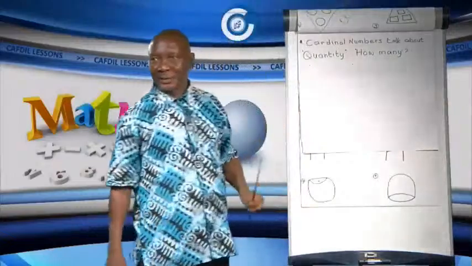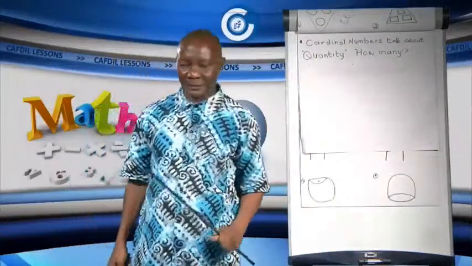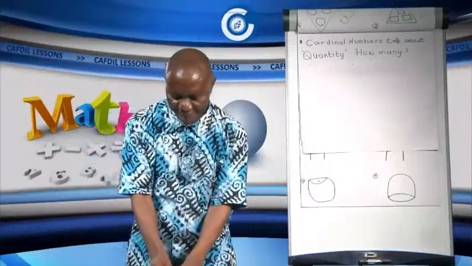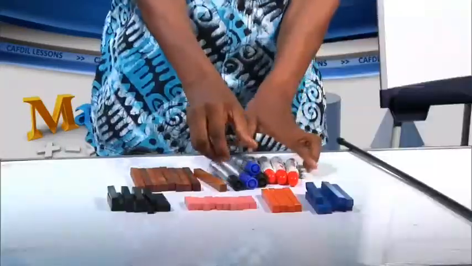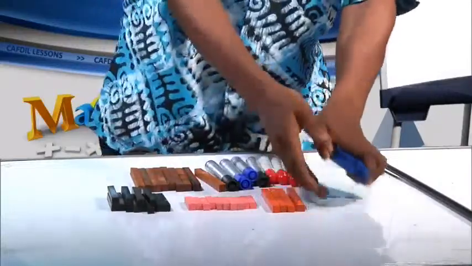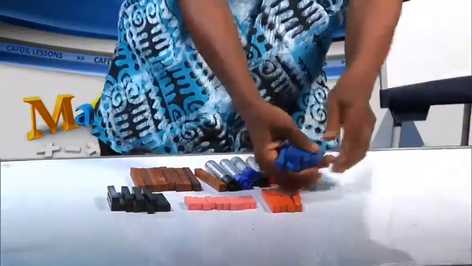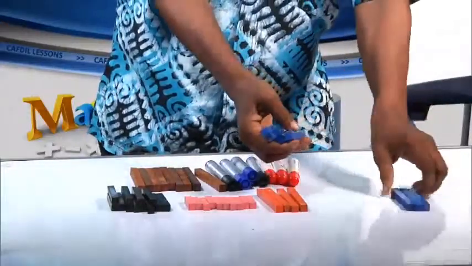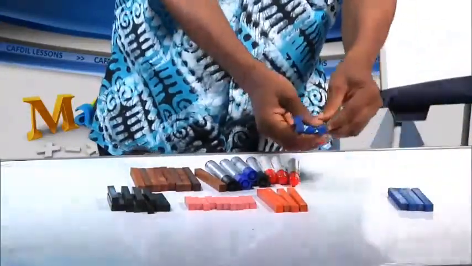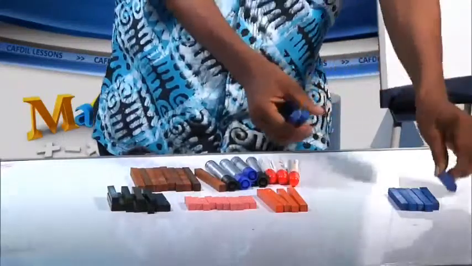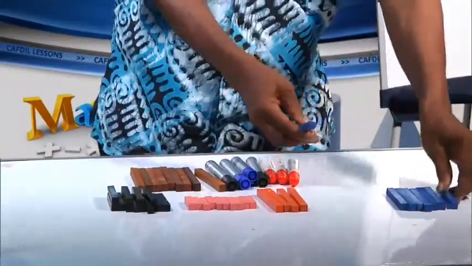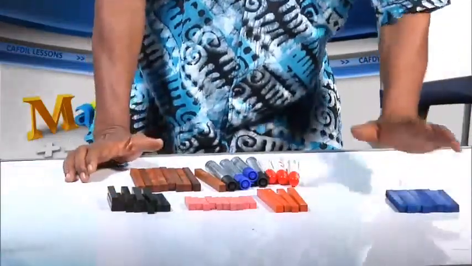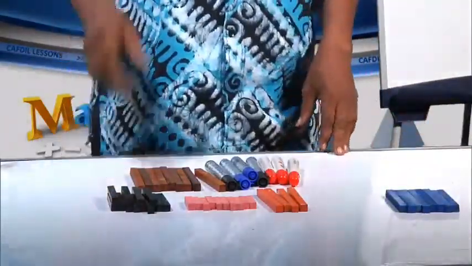Now let's look at what we have here. Let's count these. 1, 2, 3, 4, 5, 6, 7, 8. How many rows do we have? 8.